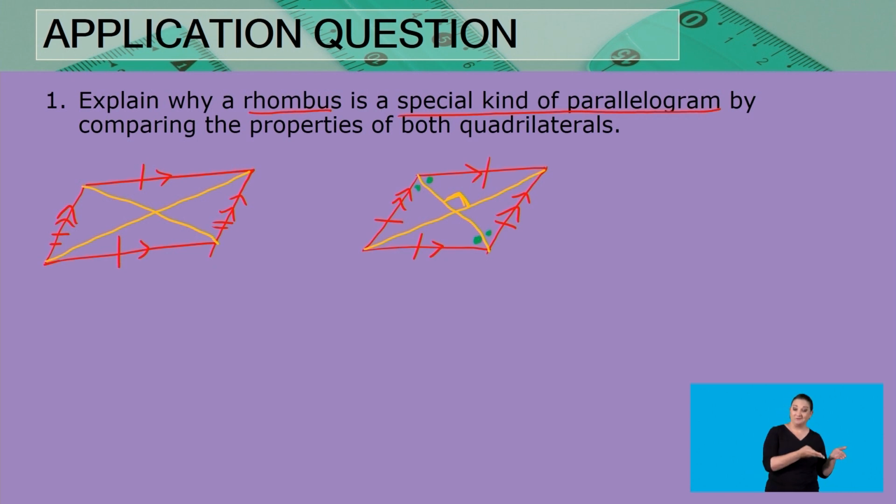It is not the case with a parallelogram. So this is with both pairs of opposite angles. They are bisected by the diagonals of the rhombus. So that is why a rhombus is a special kind of parallelogram.